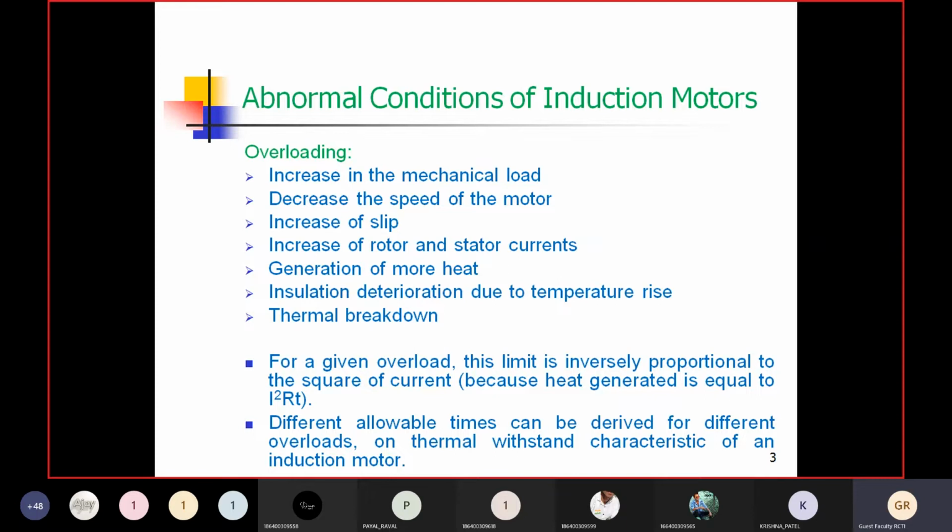Now the effect of the increase of slip: if you refer to the equations of the induction motor, generally we find all the parameters on the stator side and the rotor side by some typical equations.